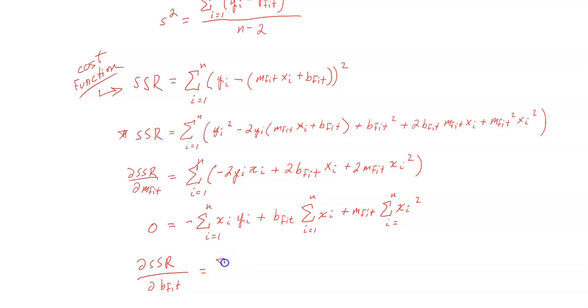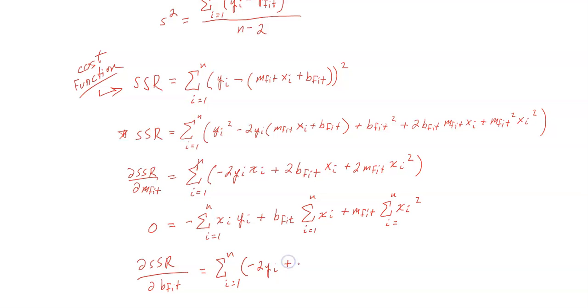And so we should get the sum from i equals 1 to n of, well, we'll have a b fit times negative 2 times yi up here. So we should get a negative 2yi. And we have a b fit squared.